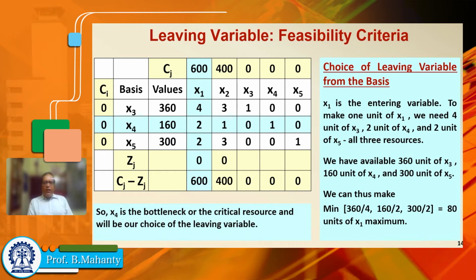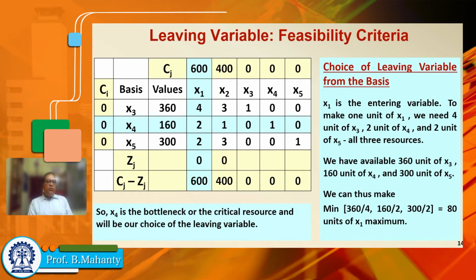A very simple rule is that in the key row, divide everything by the intersecting element. So what will you get? You will get x1 plus 1 by 2 x2 plus 1 by 2 x4 equal to 80.